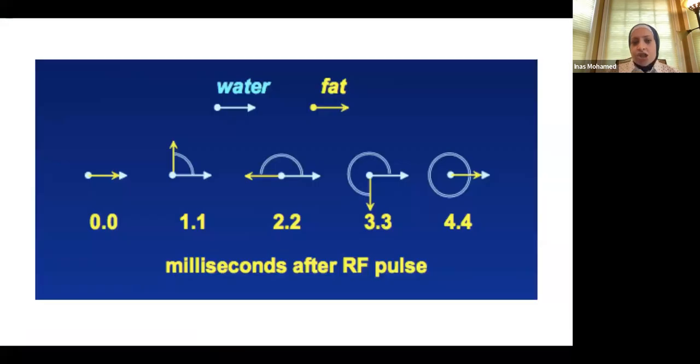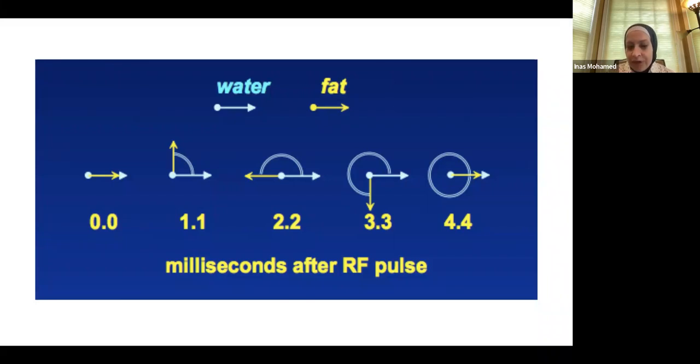Okay. So in short, I'm not going to get into so much detail. Imagine a circle with two runners in it, okay? One that's really fast, which is the water, and one that's slow, which is the fat. Every 2.2 milliseconds, these two runners are either out of phase, opposing each other, so we don't see a signal, or after another 2.2 milliseconds, they are in phase, so we see the signal.